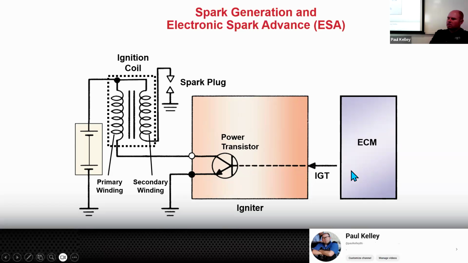The ECM sends the signal to trigger the coil, which Toyota calls the IGT. Basically, this transistor, the igniter, is going to give 12 volts to the coil right here. And this is the battery. It's going to give 12 volts to the coil on the primary.